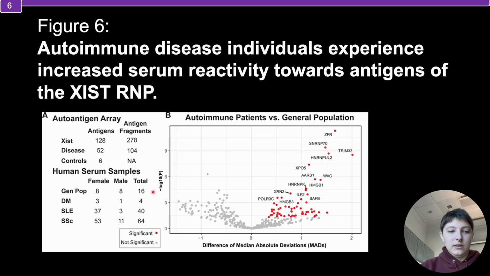So these 16 people were volunteers that gave up their blood for it, and then the other ones were collected from a human protein atlas. And here they're showing certain antigens that are significantly different between all of the diseased individuals, so DM plus SLE plus SSC, and the general public.